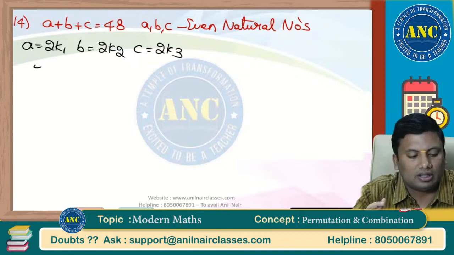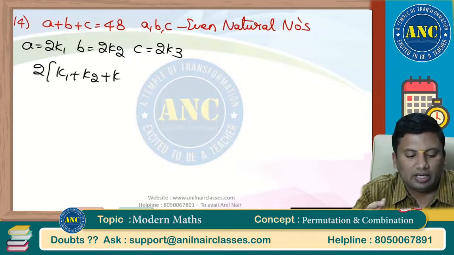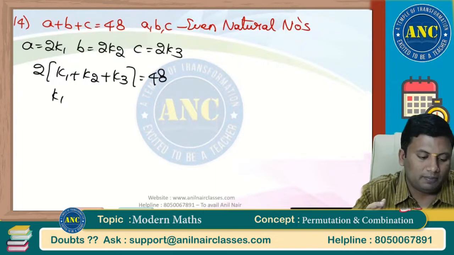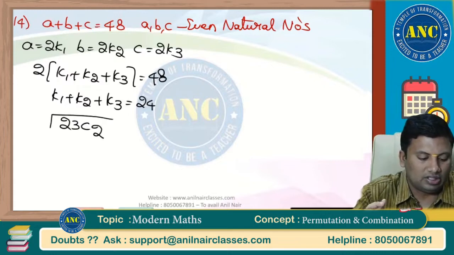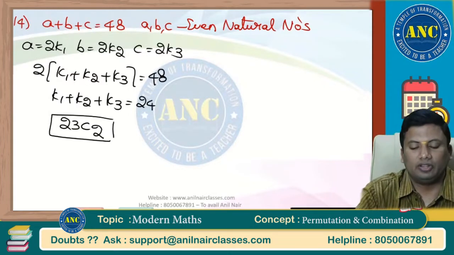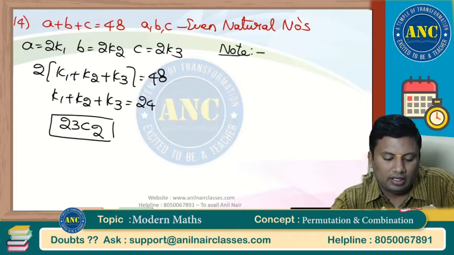So these are nothing but 2 common, k1 plus k2 plus k3, which is nothing but 48. So k1 plus k2 plus k3 is nothing but 24. The answer for 24 is nothing but 23C2. I told you a note, I am sure some of you remember it.